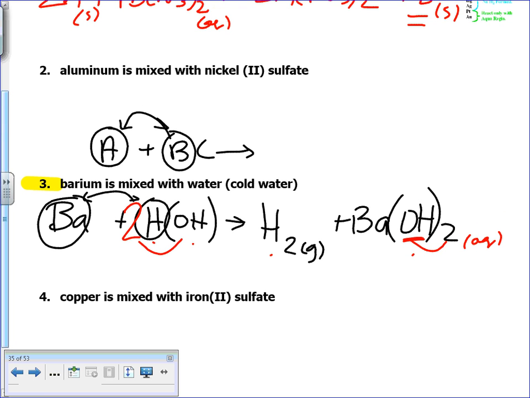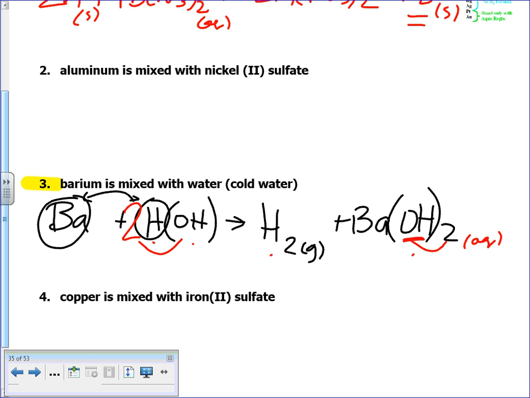Okay, I was asked to go over number 2. Aluminum is mixed with nickel 2 sulfate. So you write out the reaction first. Nickel 2 sulfate. SO4 is a 2, so we crisscross down to 1.